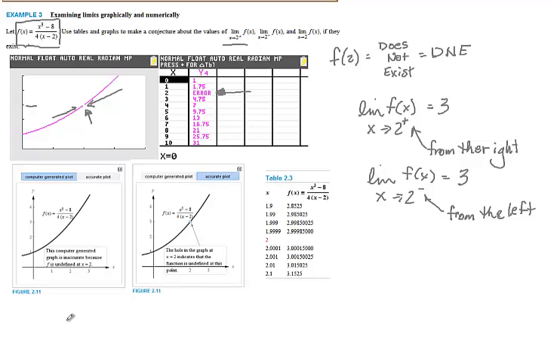Let's look at what the textbook in its solution gave you. They gave you a computer generated graph, and on your older TI-84 calculators, this is exactly what you will see. You will not see that hole. It will look as solid as can be.